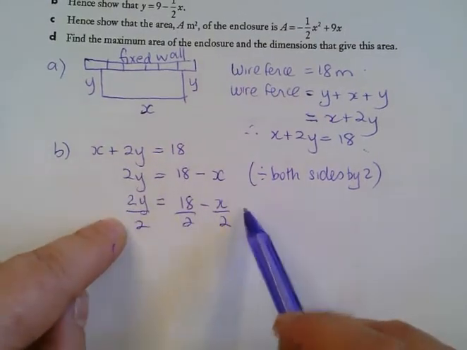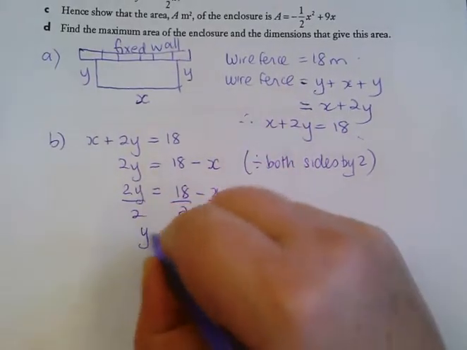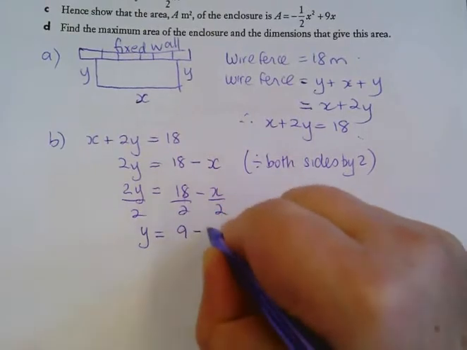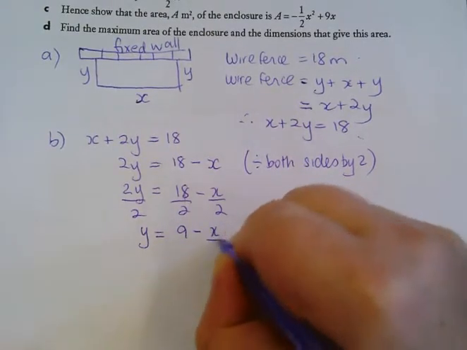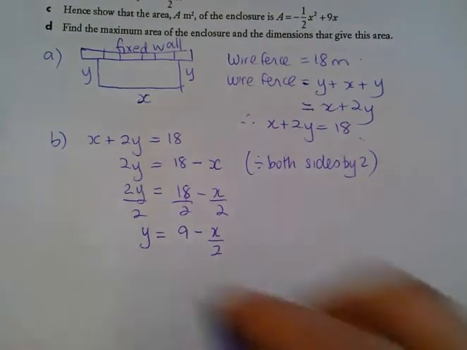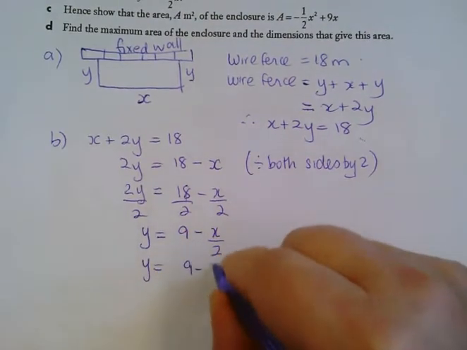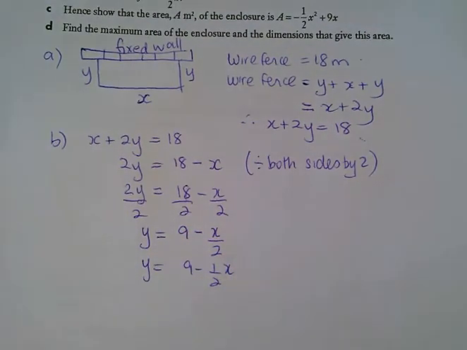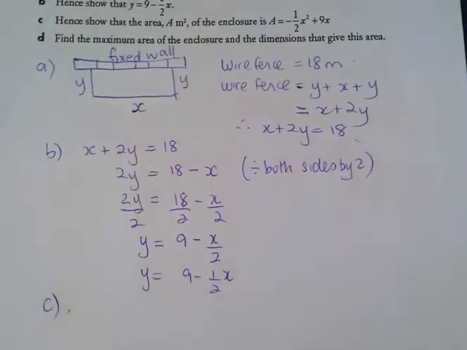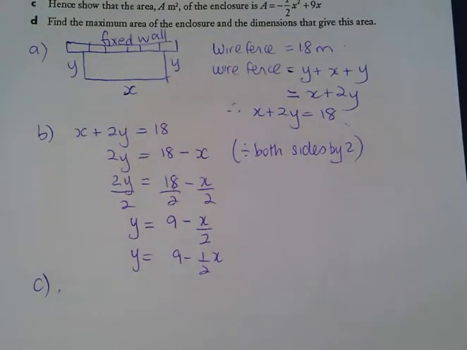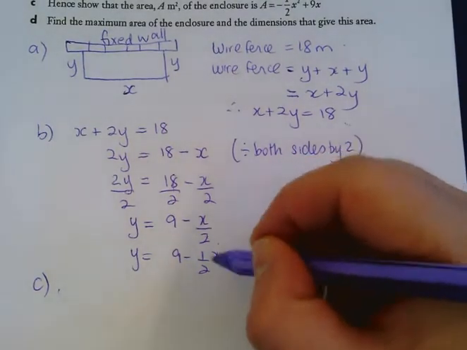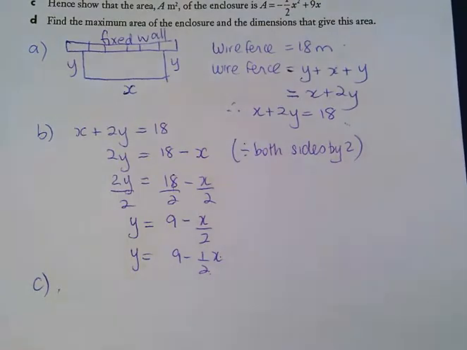So y equals 9 minus x on 2, which is a half x. So y equals 9 minus 1/2 x. Do we have to write it? No, 9 minus x on 2 is fine, but it is the same because 1 times x is x over 2.